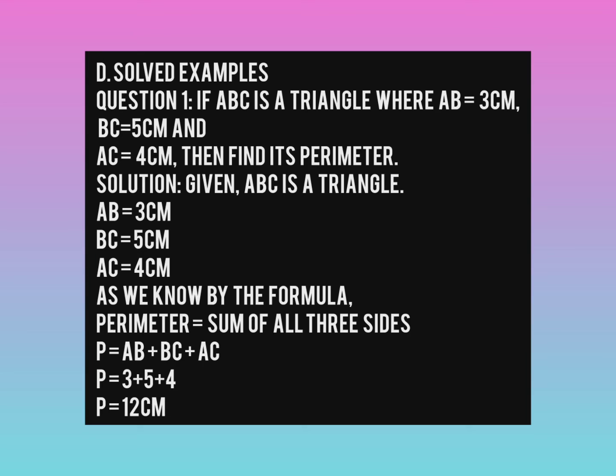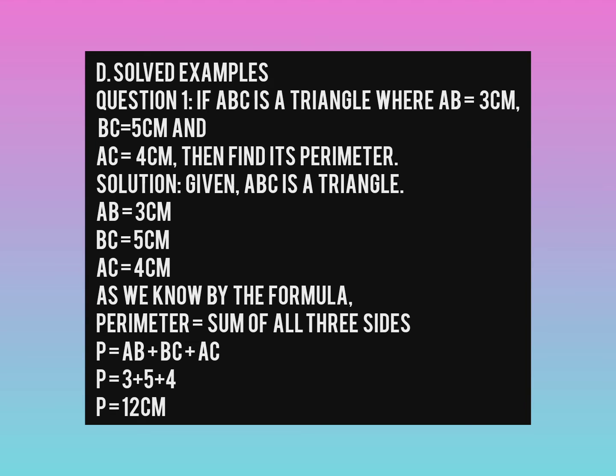Letter D, solved examples. Question number 1. If ABC is a triangle where AB equals 3 cm, BC equals 5 cm, and AC equals 4 cm, then find its perimeter. Solution.